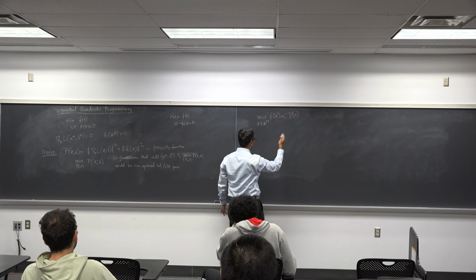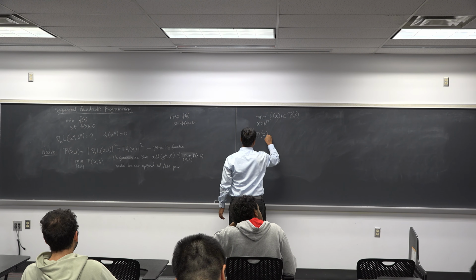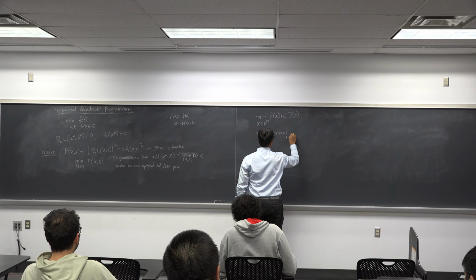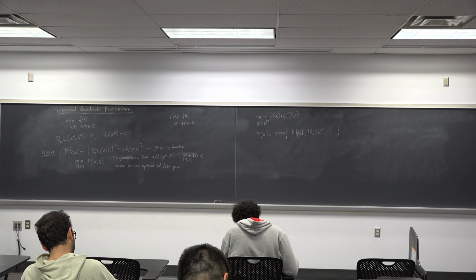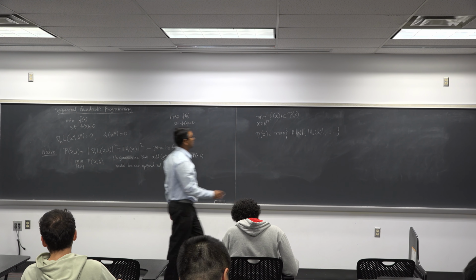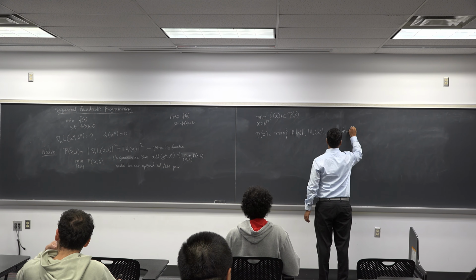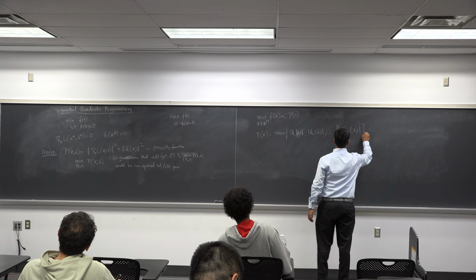So this is an unconstrained optimization where p of x is given by the max of absolute value of h1 of x, h2 of x, up to hm of x.